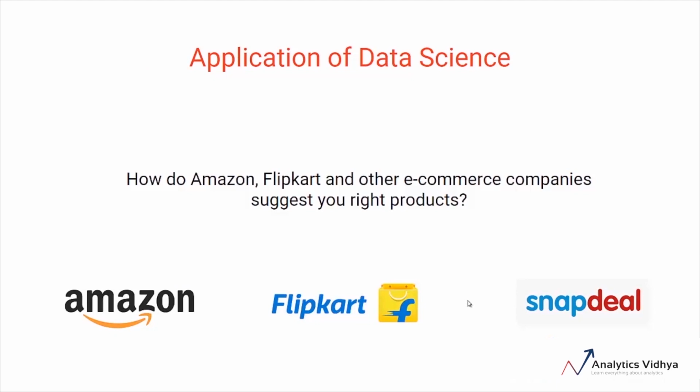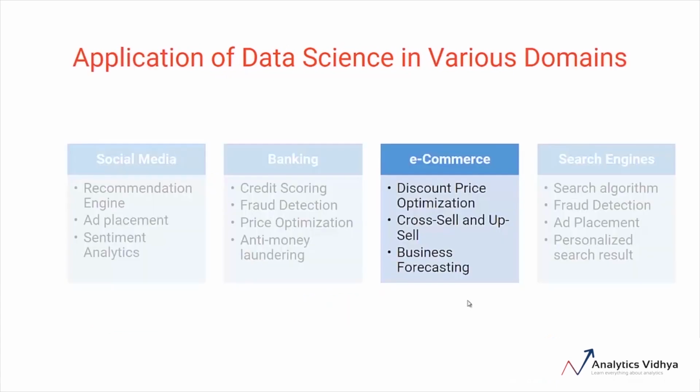They use recommendation engine, which in turn uses past data from the customer behavior happening on the site. In addition to this, e-commerce sites use data science to optimize discounts on various products, defining their cross-sell and upsell strategies. So which product can be upsold or cross-sold to a particular customer, and creating demand forecasts for each item so that their inventories can be managed in the system.